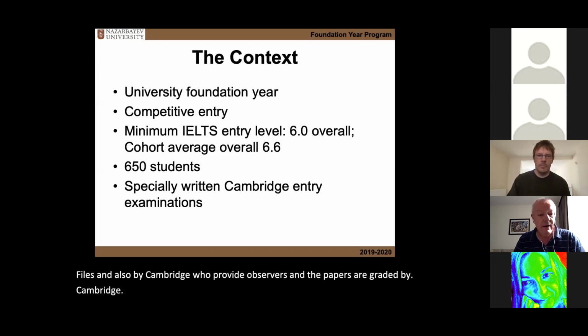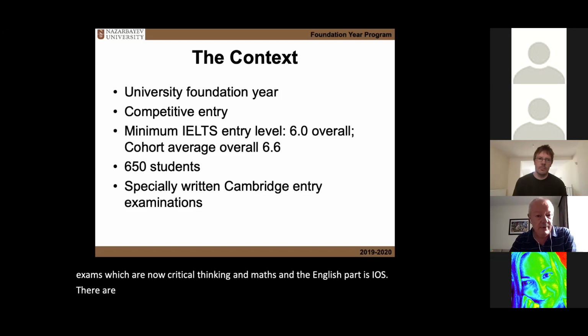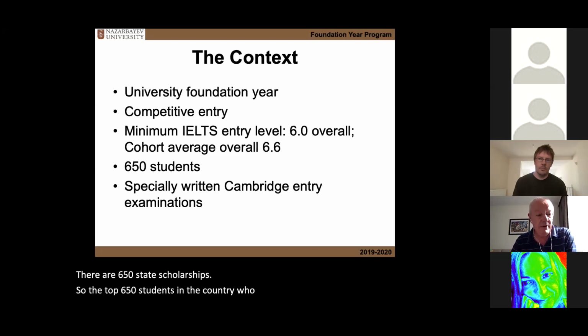The other factor is IELTS. Each candidate takes 2 Cambridge entrance exams, which are now critical thinking and maths, and the English part is IELTS. There are 650 state scholarships. So the top 650 students in the country who enter this competition are awarded the places first.